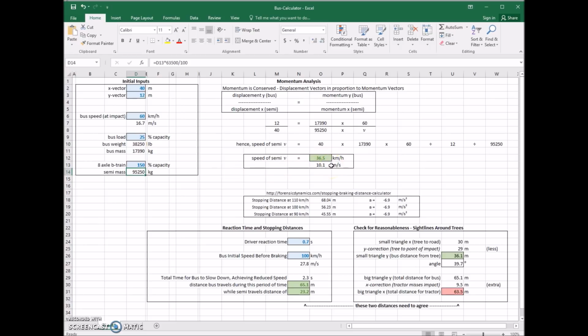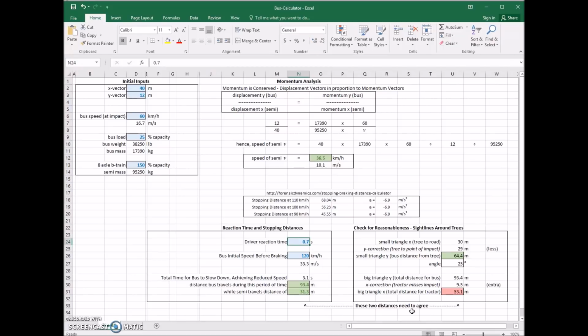So that would be the scenario where the truck sees the stop sign, sheds most of its speed, going at 36.5 through the stop sign, but the trees are the problem and it doesn't see the bus in time. Okay, now down here to my reasonableness checker, these two numbers need to agree. Does that help? 23.6, that made it a bit better.